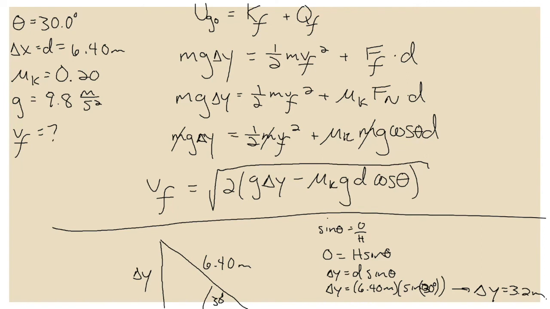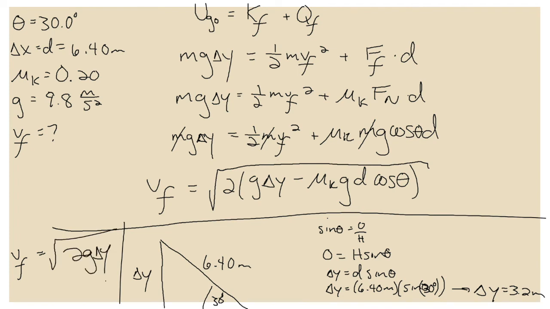Before we solve for the speed, I think it's smart to just make sure you're not making any silly mistakes in the calculation. The way you make sure you're not making any silly mistakes is to do what I said earlier. What if there was no friction?